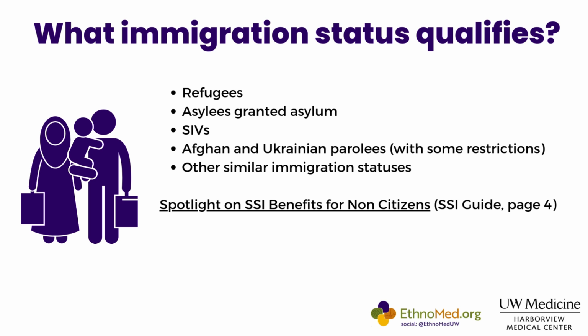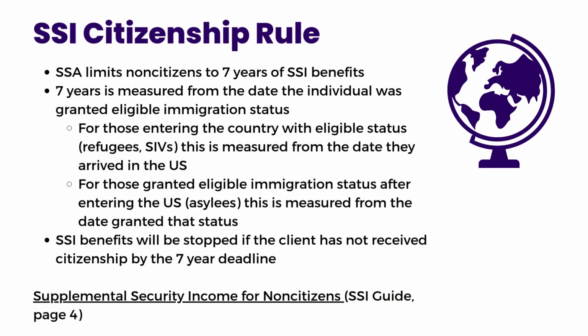One other important note about non-citizens applying for SSI is that they can only get SSI benefits for 7 years from the date that they were granted their eligible immigration status. So for refugees, SIVs, and others who entered the U.S. with an eligible status, this is the date that they arrived.